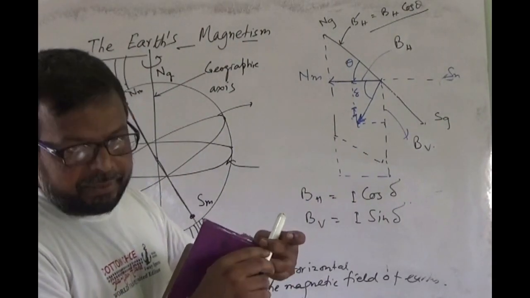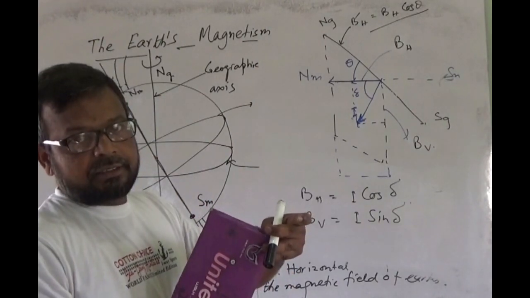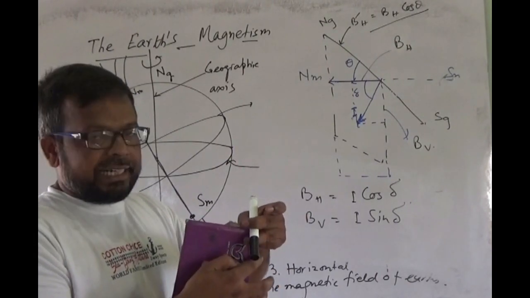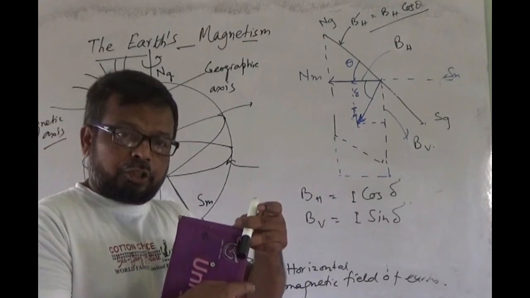Now this can be divided into two parts. One is along this direction, another is along this direction. Clear? Now this is the same. This is the vertical component of Earth's magnetic field in the magnetic meridian and also in the geographic meridian.